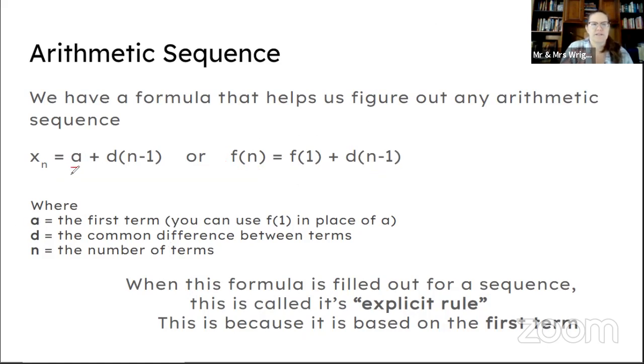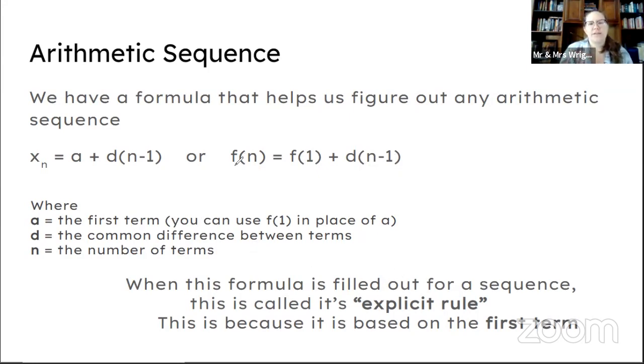A, in this case, or f of 1, is the first term. D is the common difference between the terms. And N means the number of terms, or which particular term you're looking for, because you might be looking for the 9th term or the 107th term, okay?